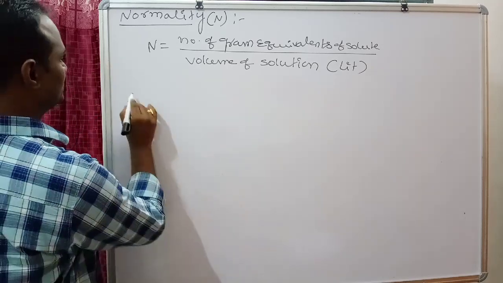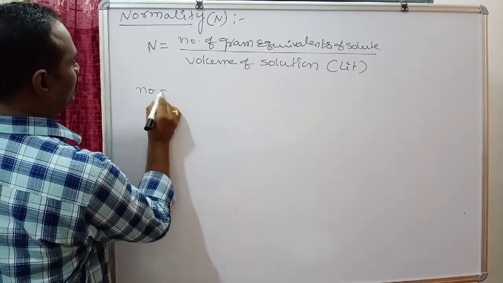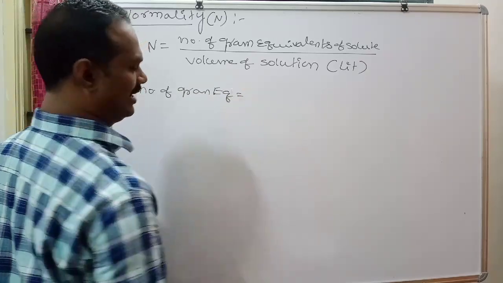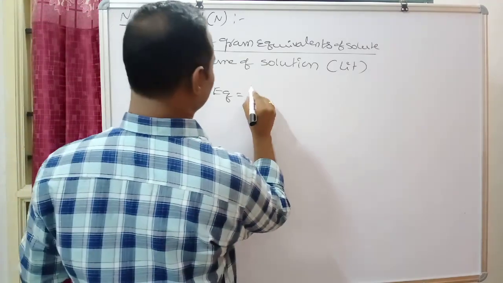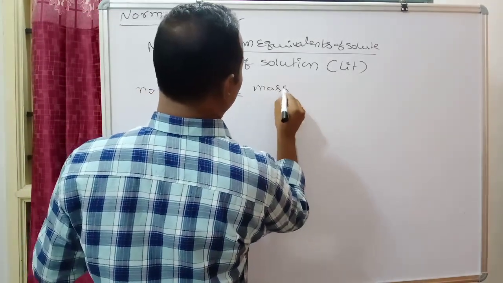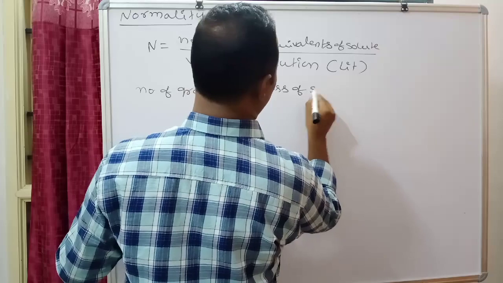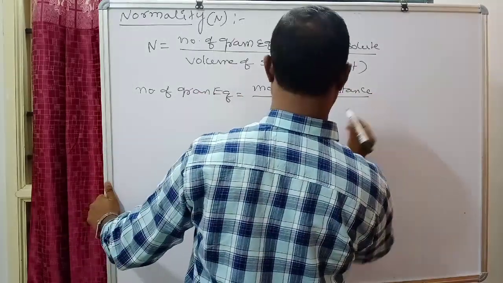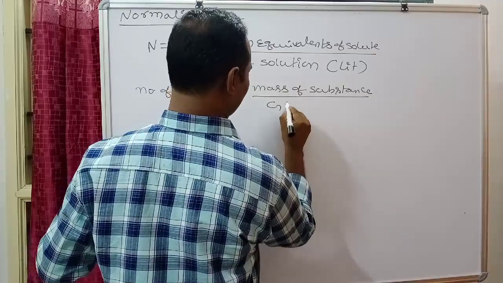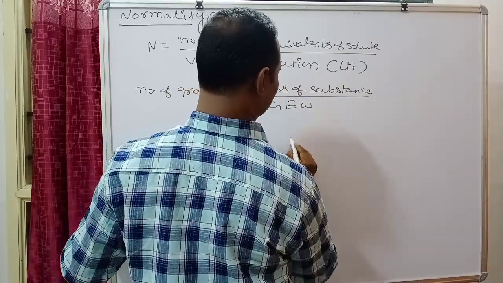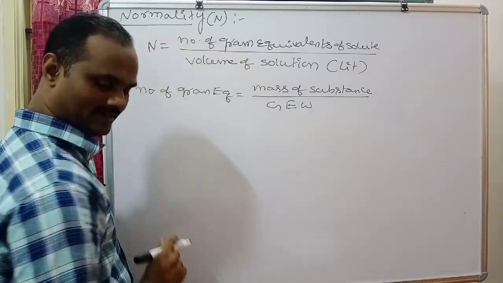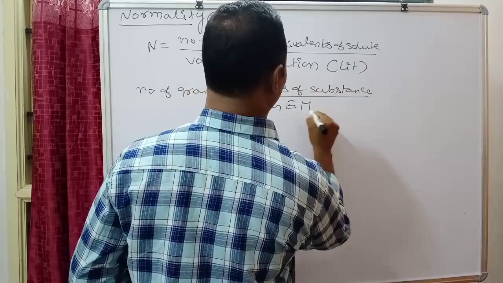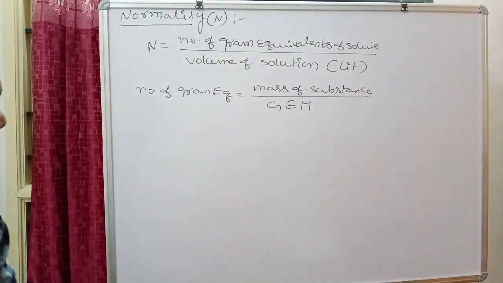How to get this formula? See, number of gram equivalents is equal to mass of substance by its gram equivalent mass or gram equivalent weight. Gram equivalent mass GM we are using.